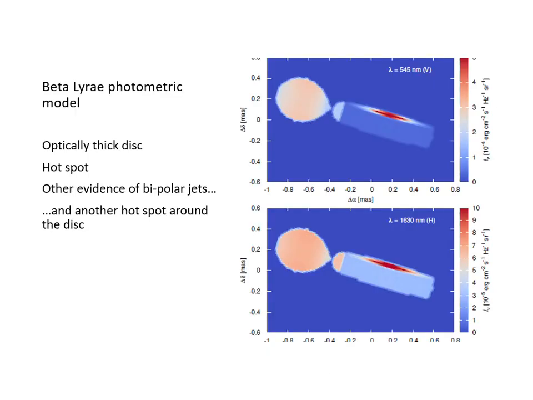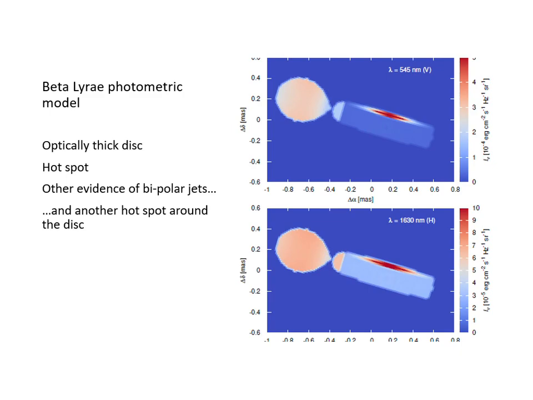Okay. So this is the photometric model of Beta Lyrae. The radius of the primary is about 6 solar radii. It has an optically thick disk. The central star itself is not visible. All this is material that's heated by the star.